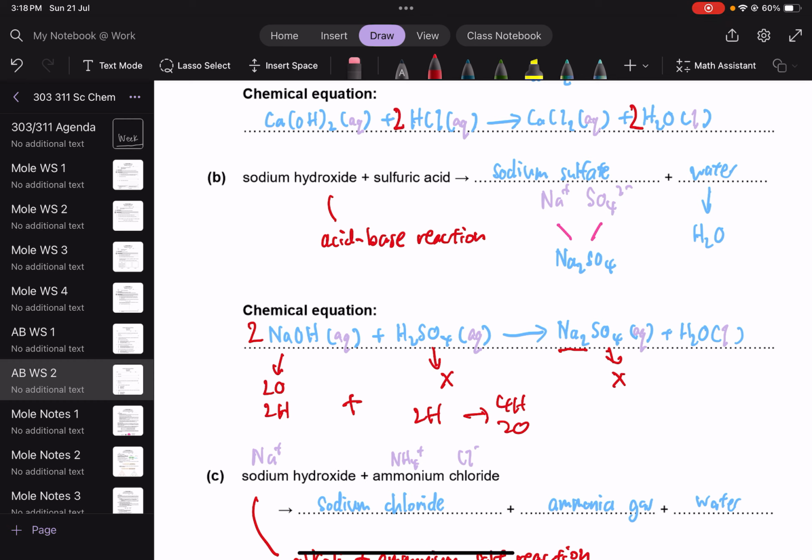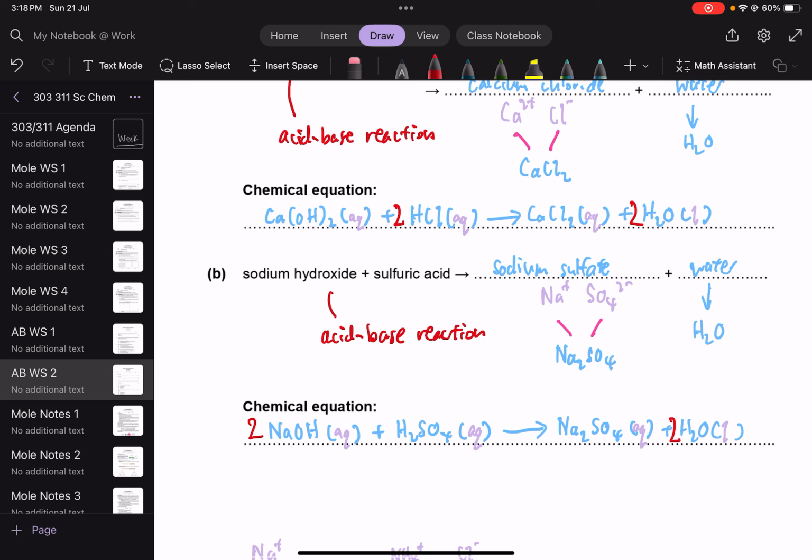So to balance this on your right hand side, you can just simply put a 2 in front here of the H2O. So with this, we can see that the equation in part B is fully balanced.